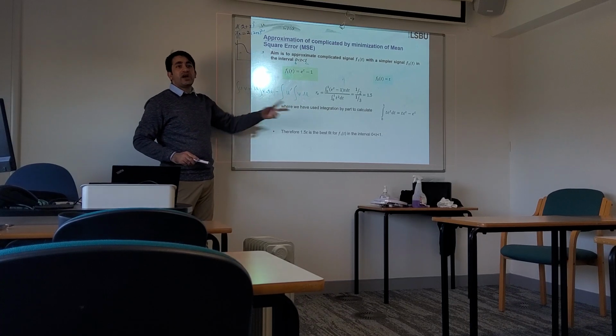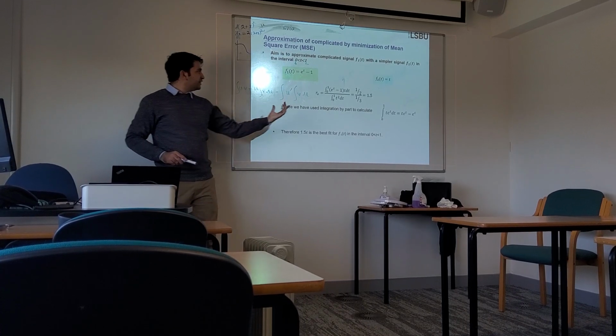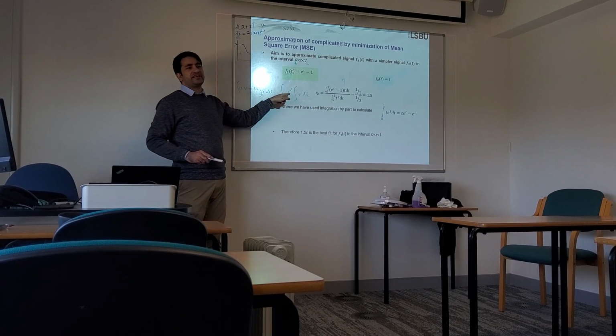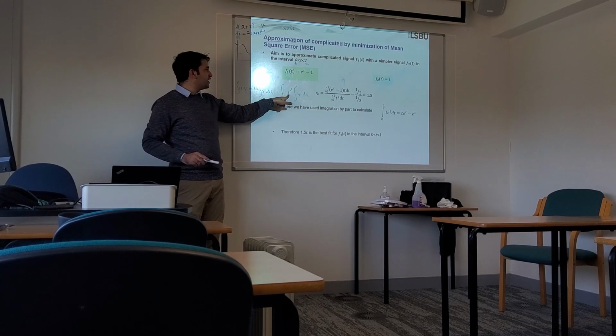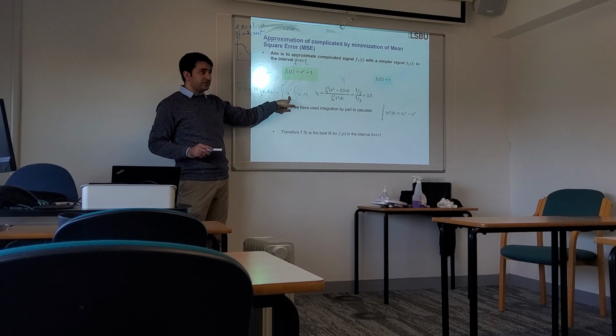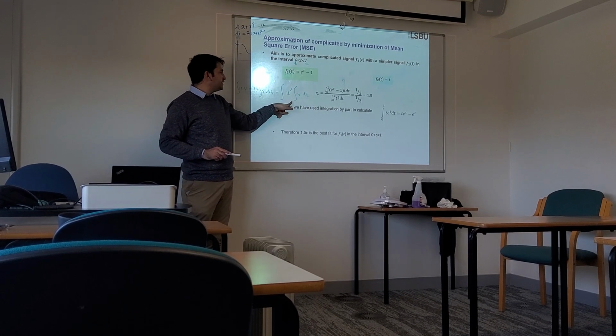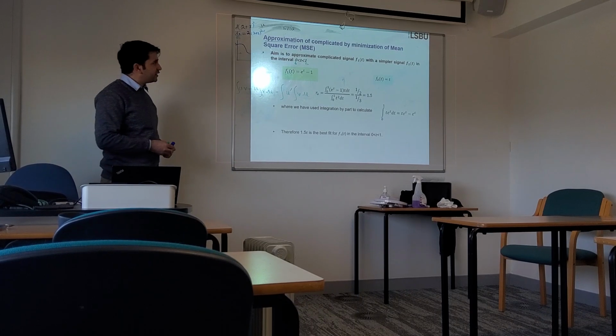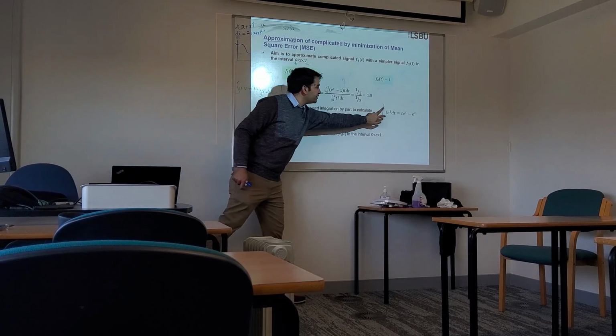Then you have two integrals. You can solve this integral first, but to solve this integral you have to first take the derivative of u, the first function, and then this integration, and then finally you have another integration.